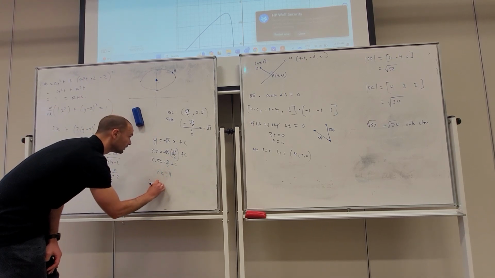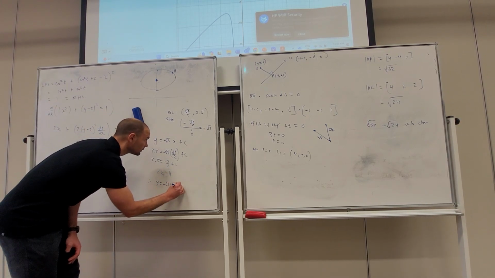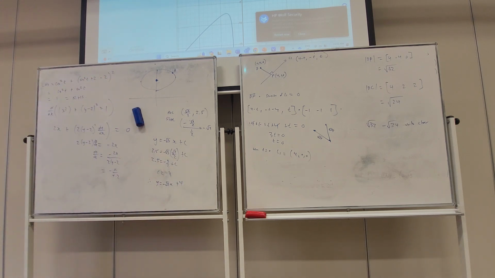Therefore y equals minus root 3 x plus 4. Maybe the best way to check would be to graph that line. Look at that gorgeous tangent there. Beautiful.